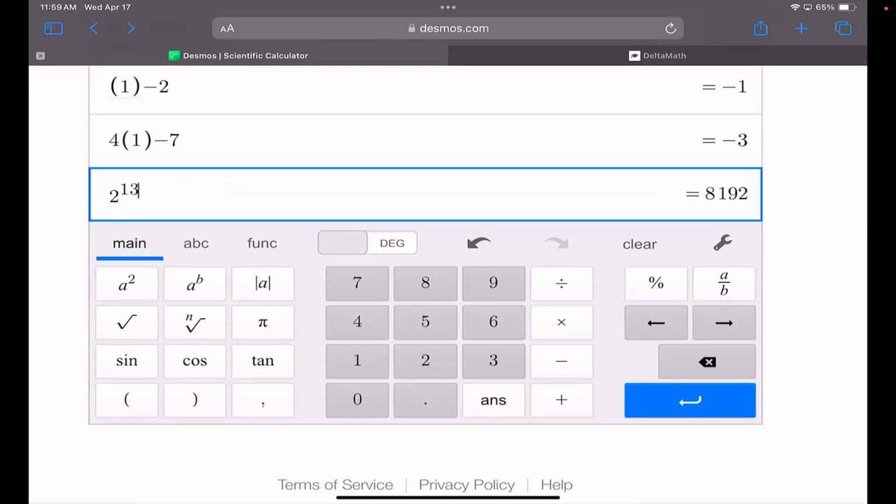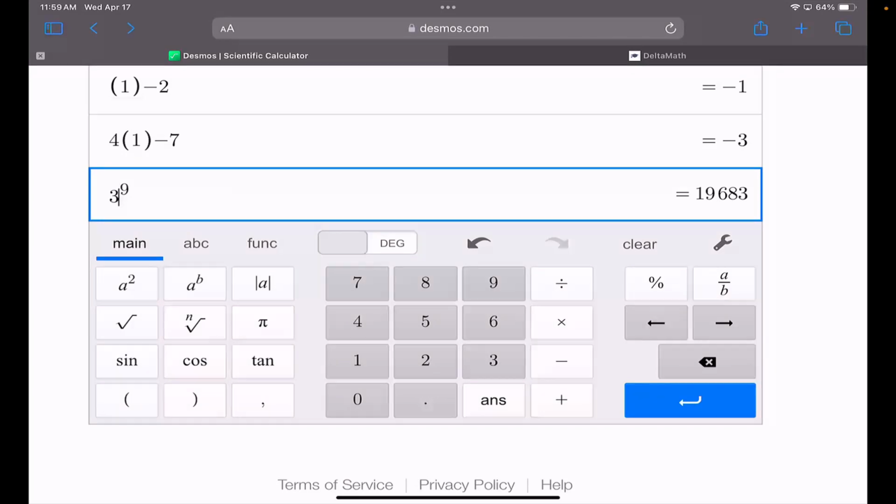Went too high. So 2 isn't going to work. Try a 3. That's too big. Too big. Too big. That one's close. Too big. So 3 doesn't work.